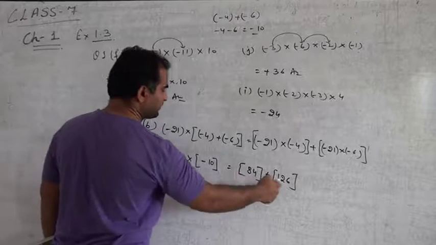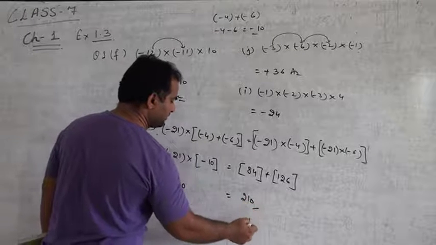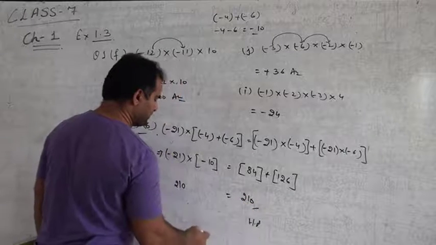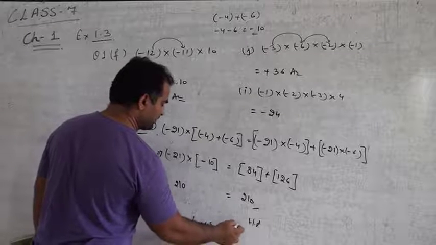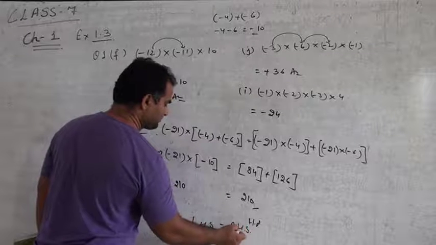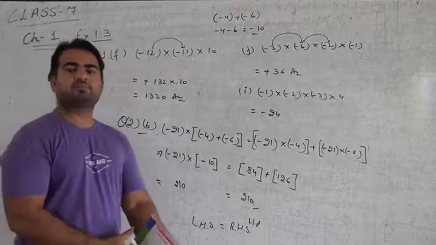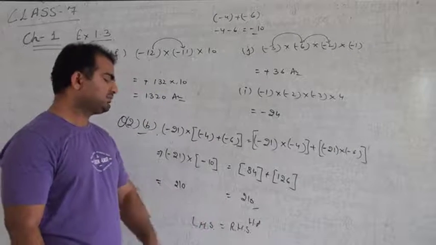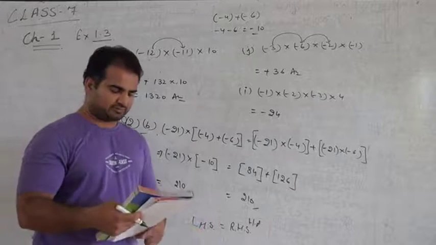And what is 84 plus 126? It will be again 210. Hence proved, LHS equals to RHS. What we have proved is the left hand side is equal to the right hand side. It means the statement is correct.